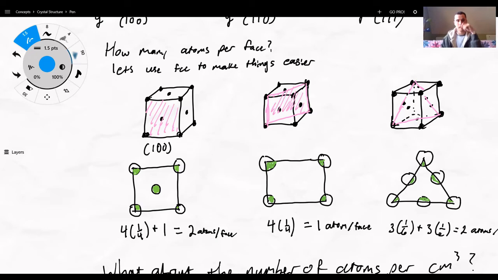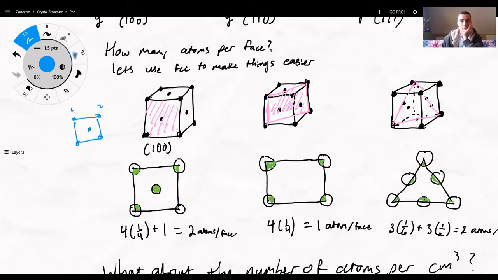Let's pull that out, and we're actually going to draw circles for our atoms, and then we're going to draw the face, and we're going to put the vertices right in the center of those atoms. Because what you find here is not what you might jump to. You might say, oh, let's look at this FCC right here.